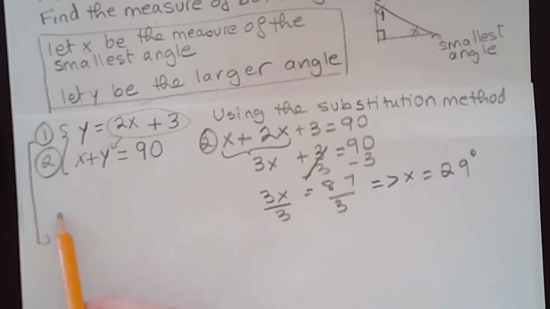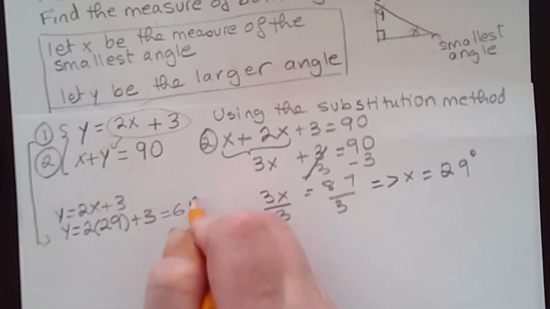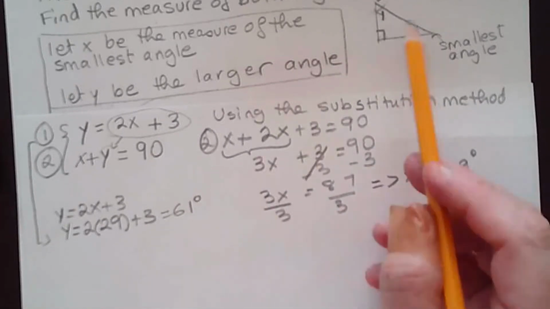So what do I get? I have y equals 2x plus 3. Now I'm replacing x with 29. 2 times 29 plus 3. And if you do the math, that should give you 61 degrees. So y is 61 degrees.